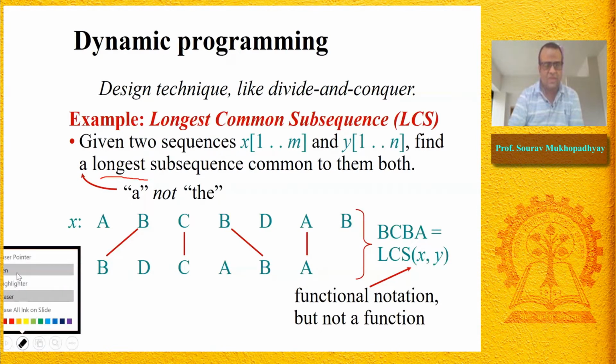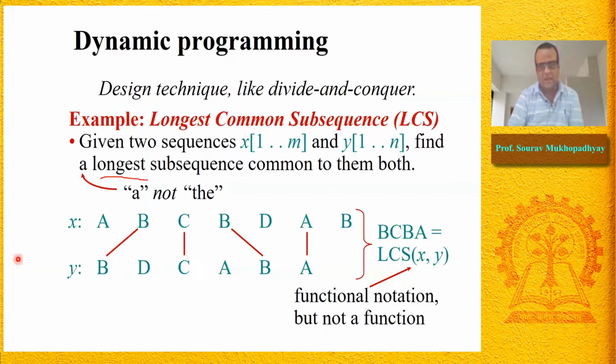Even we can have B, D, A, B. Yes, B, D, A, B. So that's why it need not be unique.